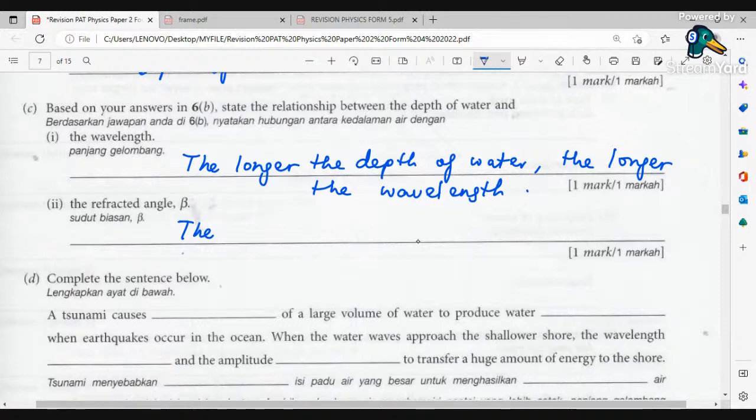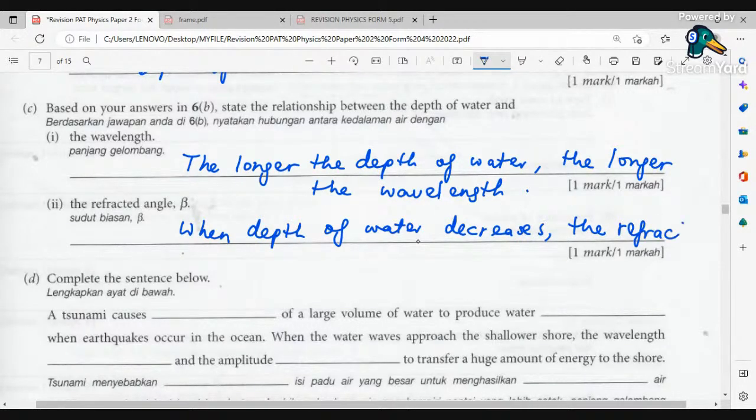Another way of writing it, you can use the decrease, increase or something like that. Also can. Also can. Let's say I want to try to write like that way. When depth of water decreases, okay, the refracted angle decreases.